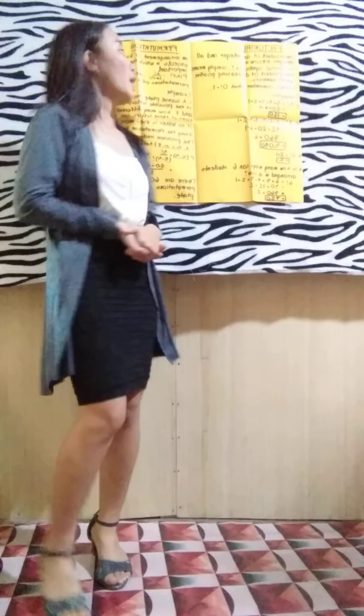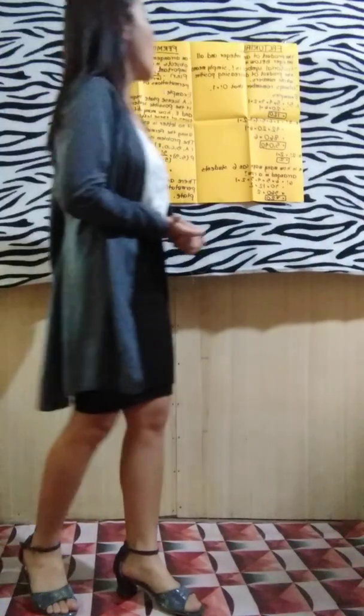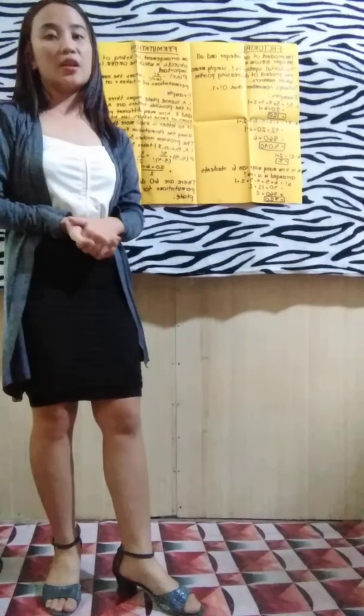The first part of our discussion will be about factorial. So, what is factorial? A factorial is a product of an integer and all integers below it. The factorial symbol is an exclamation point. That simply means the product of decreasing positive whole numbers.